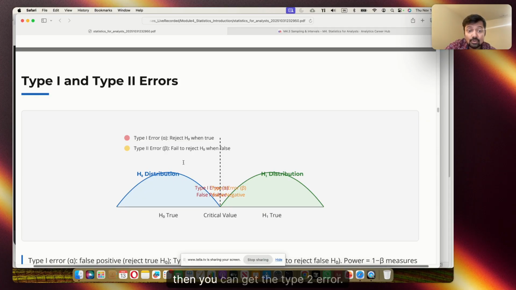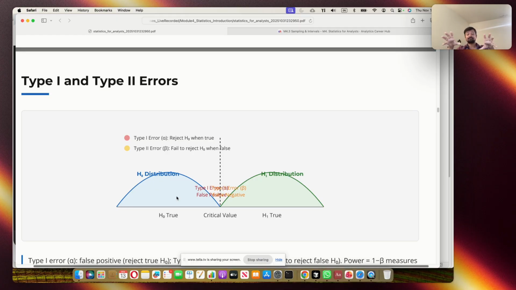Then you can get the type 2 error. Type 2 error is failing to reject. That means actually in the data there is a difference between group A and group B, but your null hypothesis is that there is no difference. By doing this statistical test you should reject this null hypothesis, but you are not able to reject it based on the p-values you are getting.